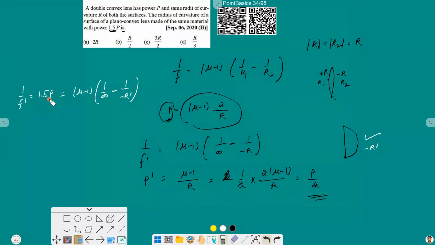So 1.5 times p, where we have the value of p, so 1.5 will be 3 by 2, into mu minus 1 divided by r into 2, is equal to mu minus 1 divided by r dash. So mu minus 1 gets cancelled, 2 is cancelled and r dash will be r by 3.